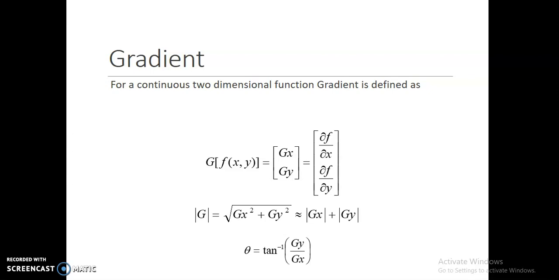We can compute the magnitude by taking the mod of G, which is the square root of Gx squared plus Gy squared. It can also be written as mod Gx plus mod Gy. We can also compute the direction of the gradient, which is tan inverse of Gy upon Gx.